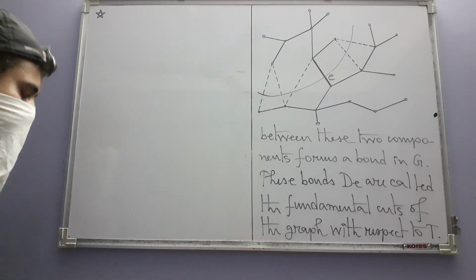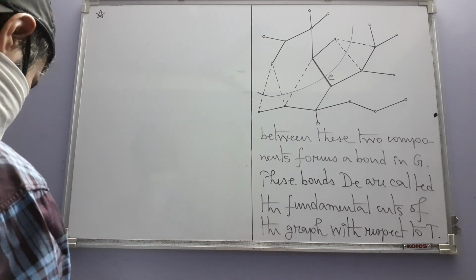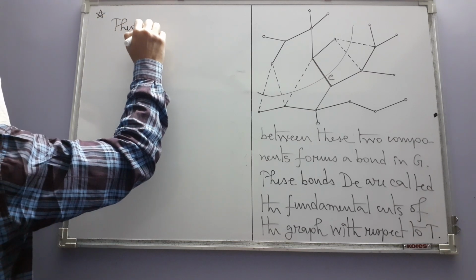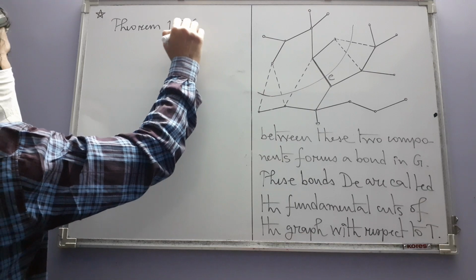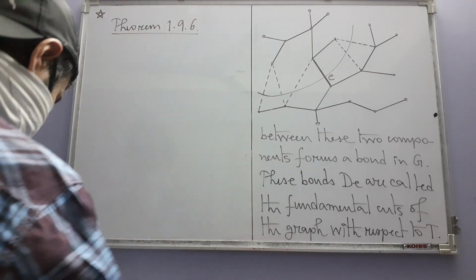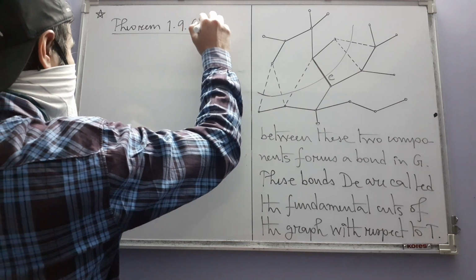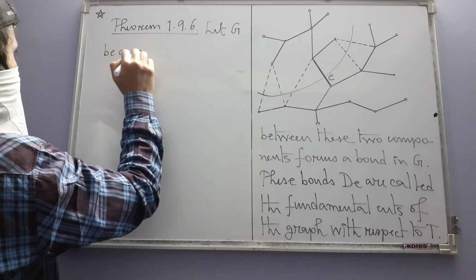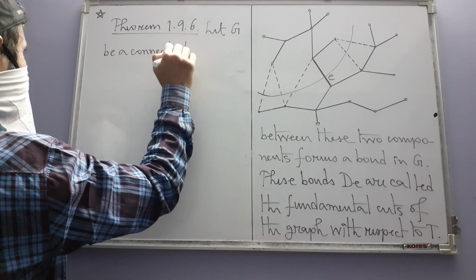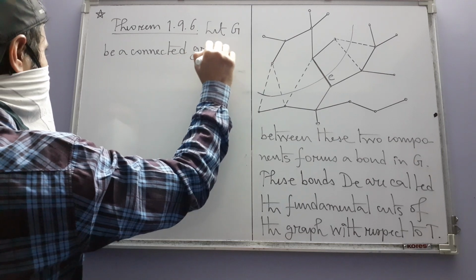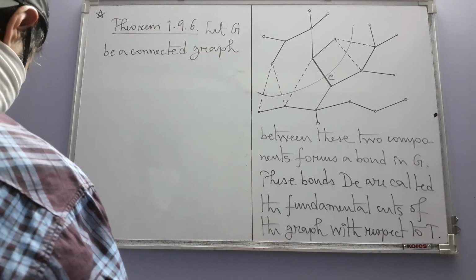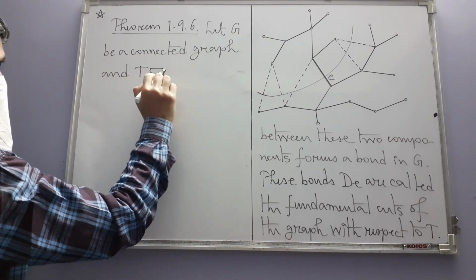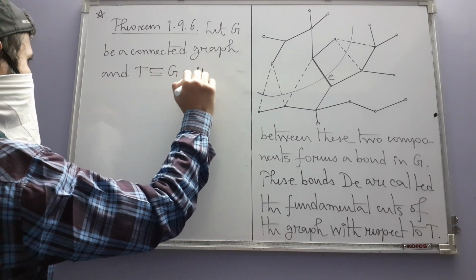So the theorem is this. Let G be a connected graph and T a spanning tree.